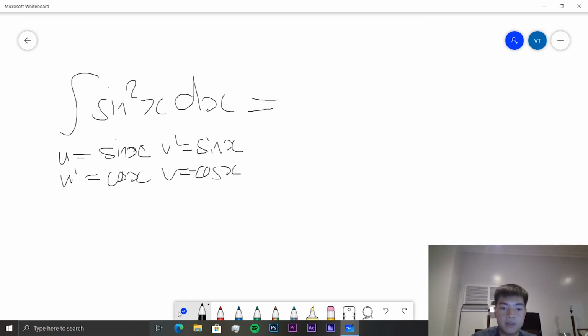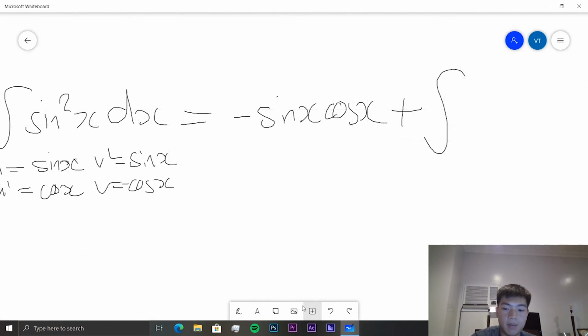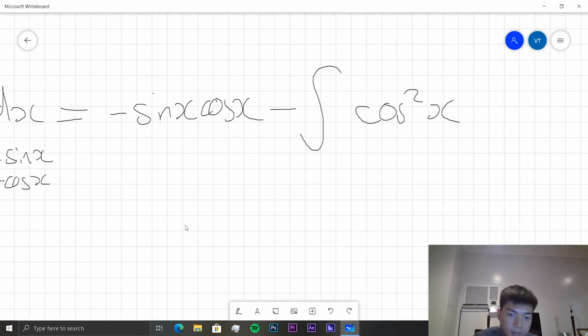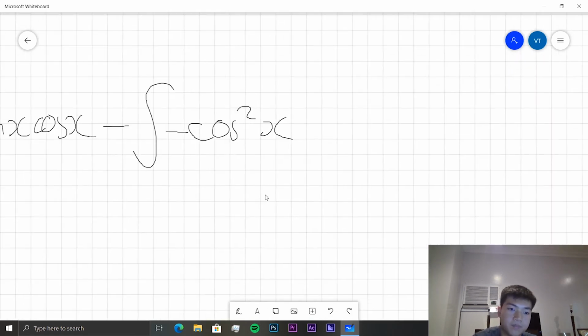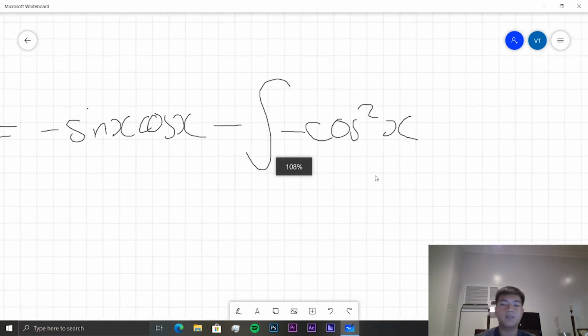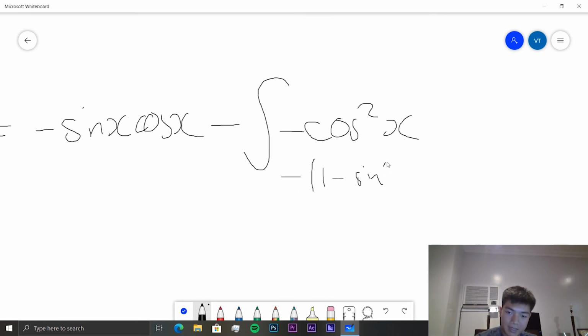So we get this is equal to negative sine x cosine x plus the integral of cosine squared x. And yeah, I guess we could continue again and get sine squared x, but I'm just going to fast forward a little, because cosine squared x is equal to 1 minus sine squared x.